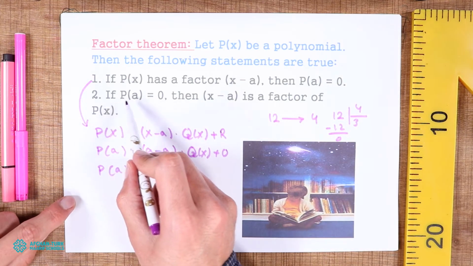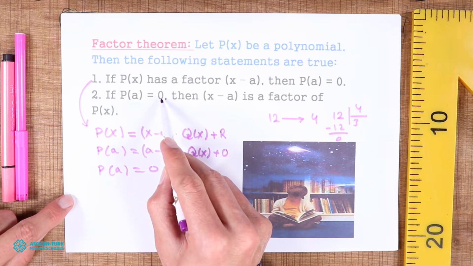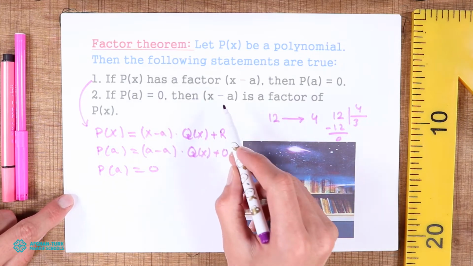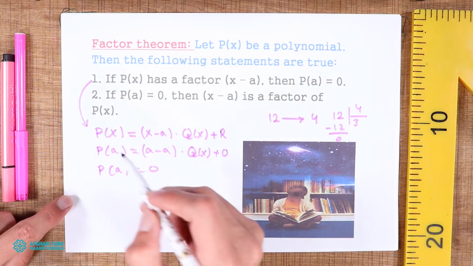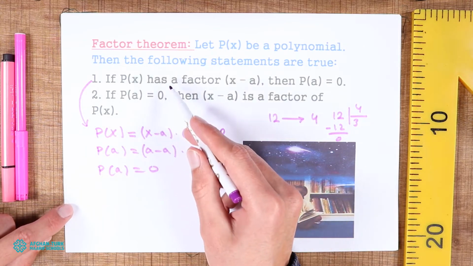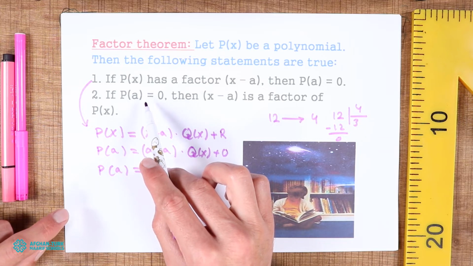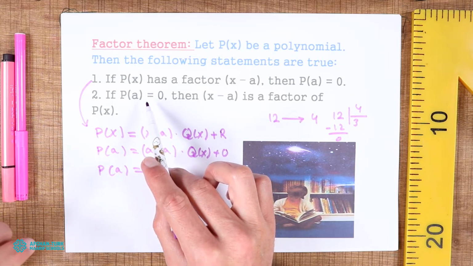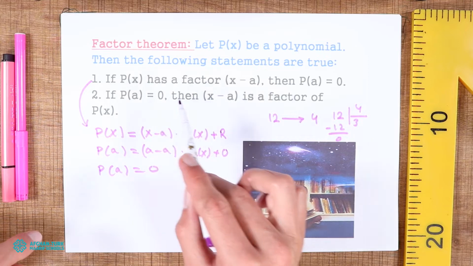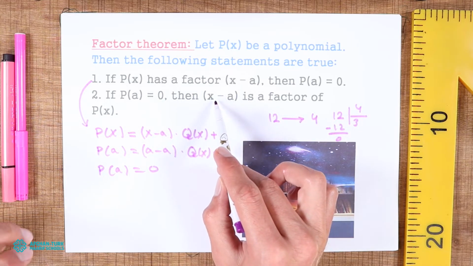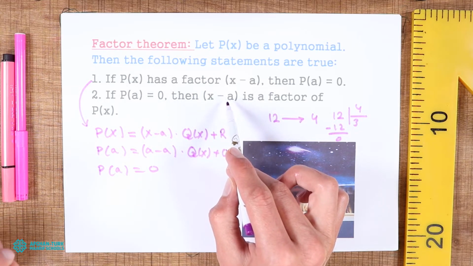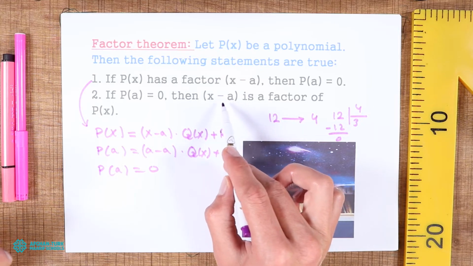And in the second statement, we have if p of a is 0, then x minus a is a factor of p of x. It is the inverse, or conversely, we said that whenever you divide two numbers or two polynomials and the remainder comes 0, the divisor is a factor of the dividend, and here the divisor is x minus a.